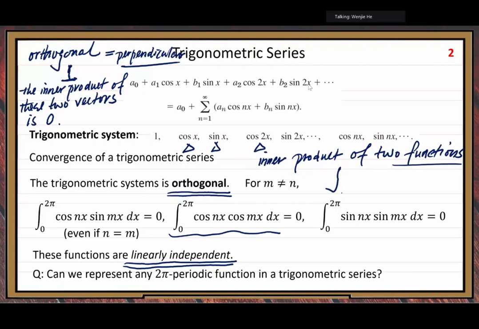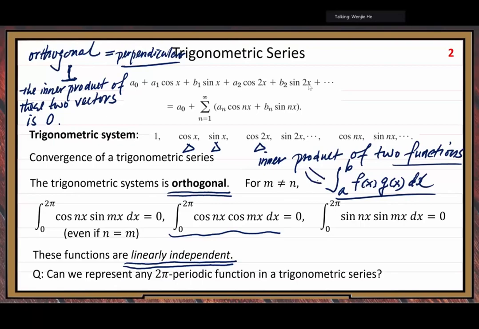Here we use from 0 to 2 pi, but 0 to 2 pi are special numbers; we can use general a and b. For the function f and the function g, we call this the inner product of these two functions.